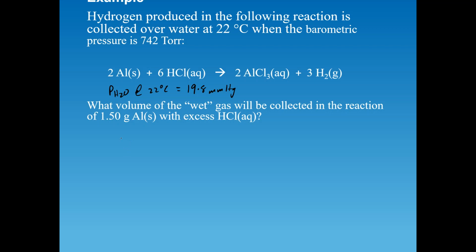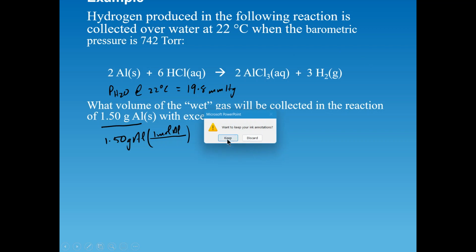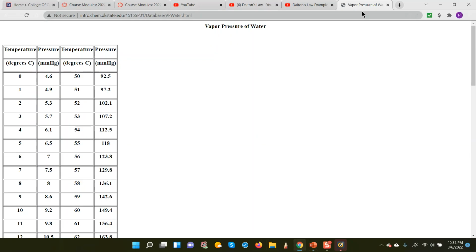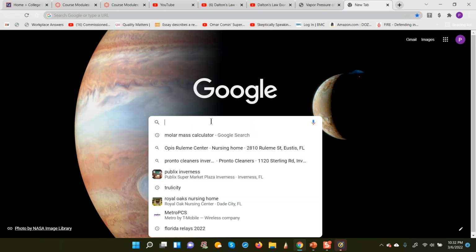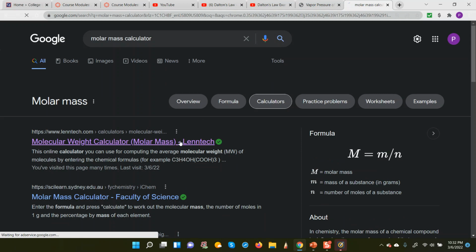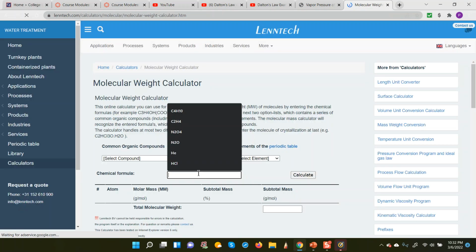proceed with answering this question by starting off with the mass of aluminum. And based on that mass, we're going to find out how much hydrogen is produced, right? So first we have to convert to moles. So we're going to have 1 mole of aluminum above, and the molar mass of aluminum, let me look that up. So I'm going to use my molar mass calculator.